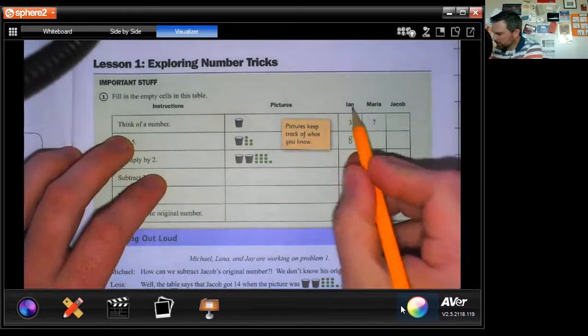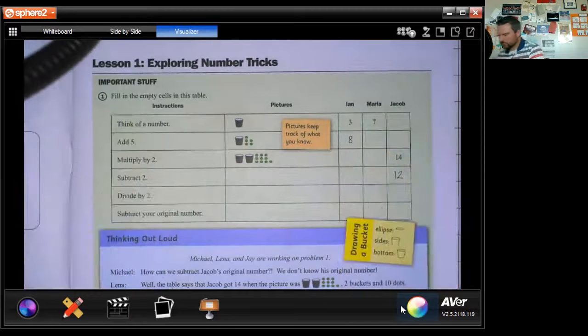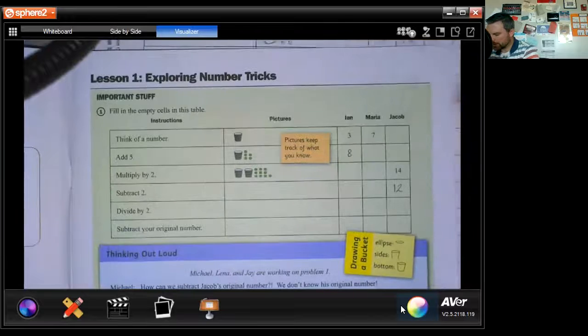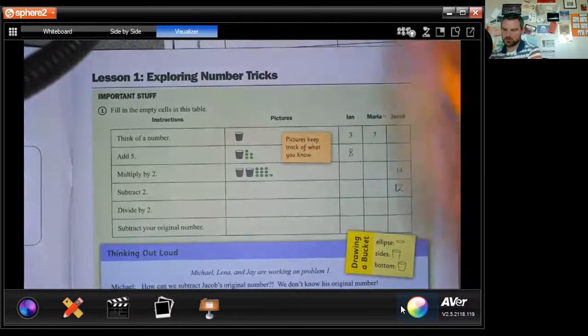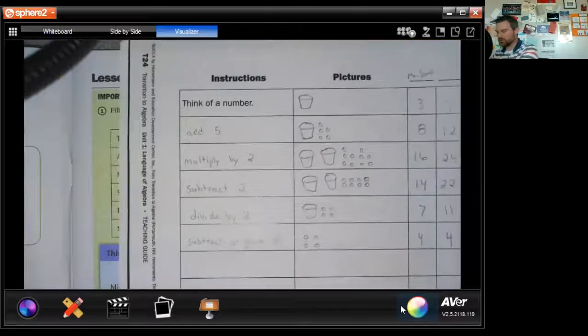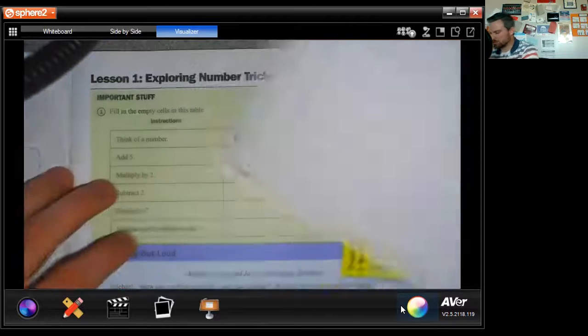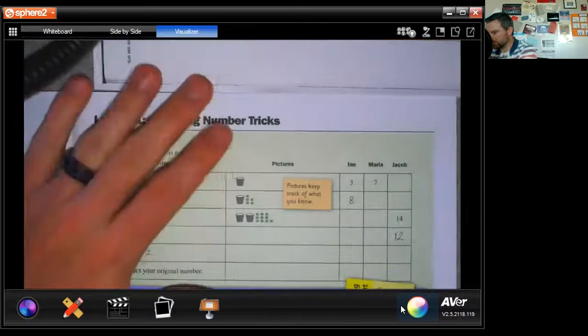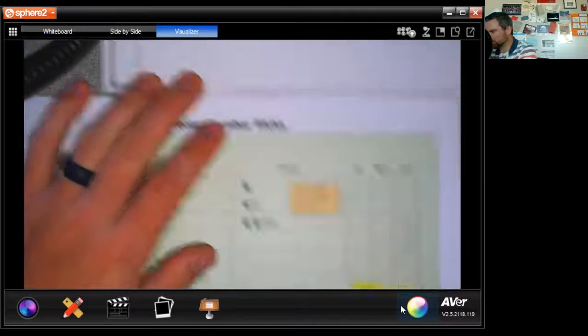You got 3 people up here with their numbers. And we're going to fill it in. Pictures keep track of what you know. Okay, and I believe this is exactly what we were doing up here, on this sheet. So your picture should match this sheet here. Okay, so you can kind of go ahead and start filling this workbook out.